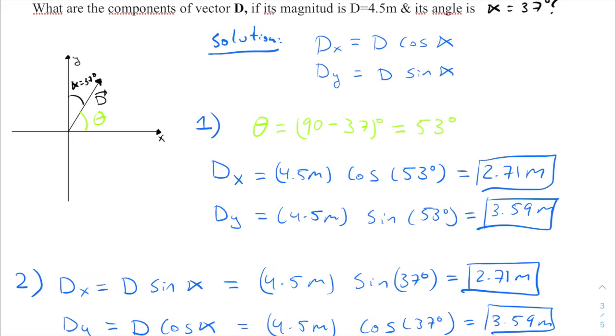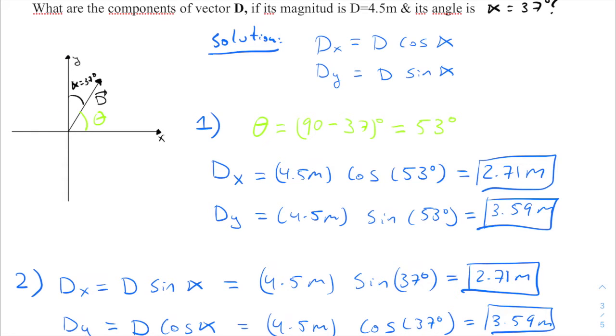So now we have two ways in which we can do the problem. Either we find the angle with respect to the x-axis, which we're calling here theta, or we find new equations so that we can use the angle with respect to the y-axis. So let's do first the problem with respect to the x-axis.